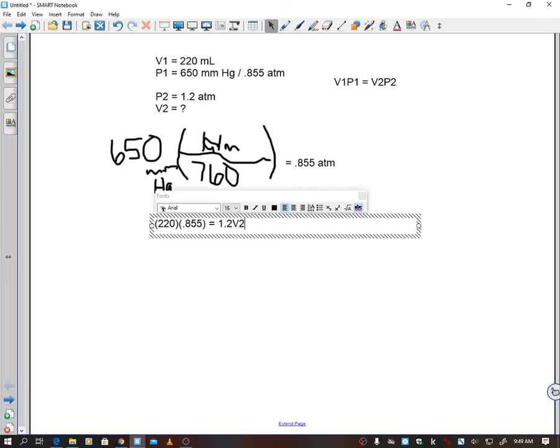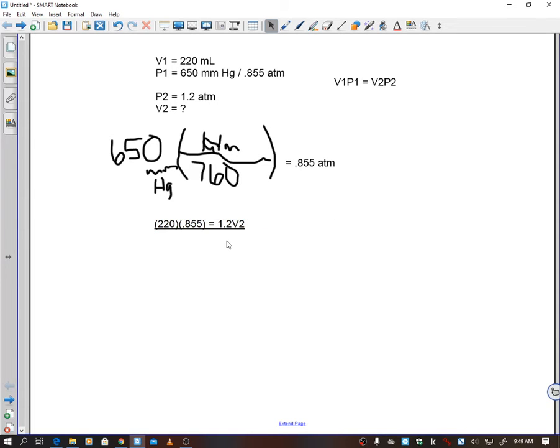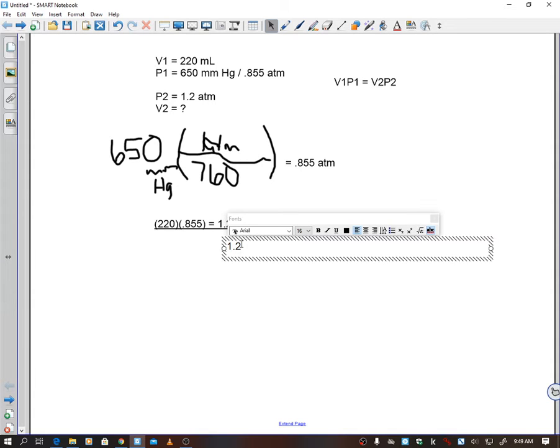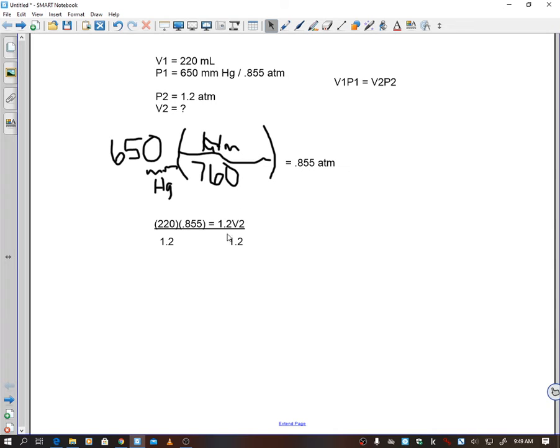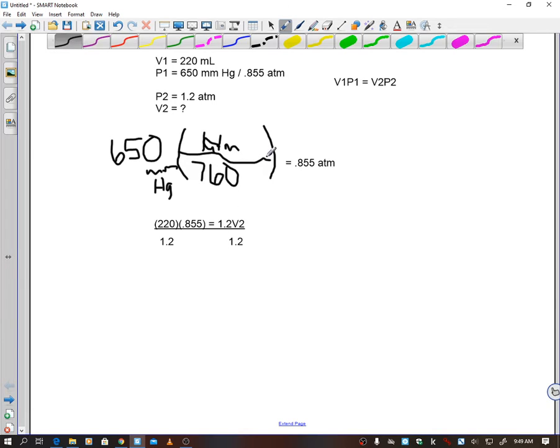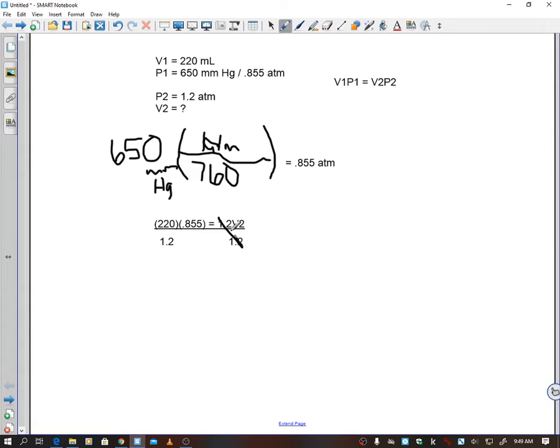When you take 220 times 0.855 and divide by 1.2 on each side, the 1.2 cancels out, leaving you with V2.